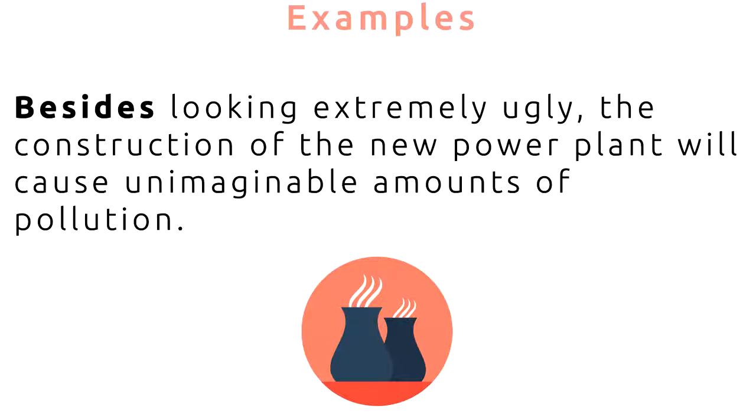This person is talking about the ugliness and the negative points of constructing a new power plant. So he said, besides looking ugly, so including this, it's going to look really ugly, it will also cause lots of pollution.